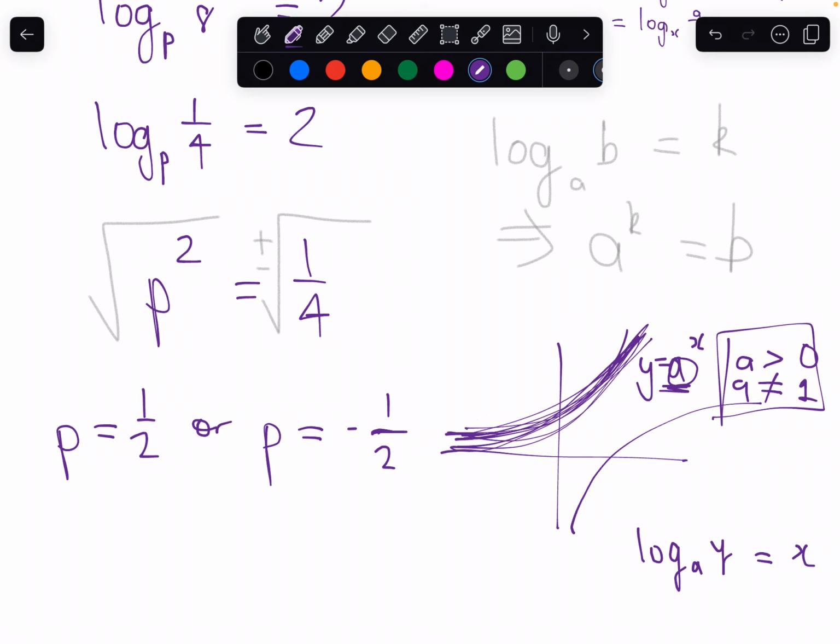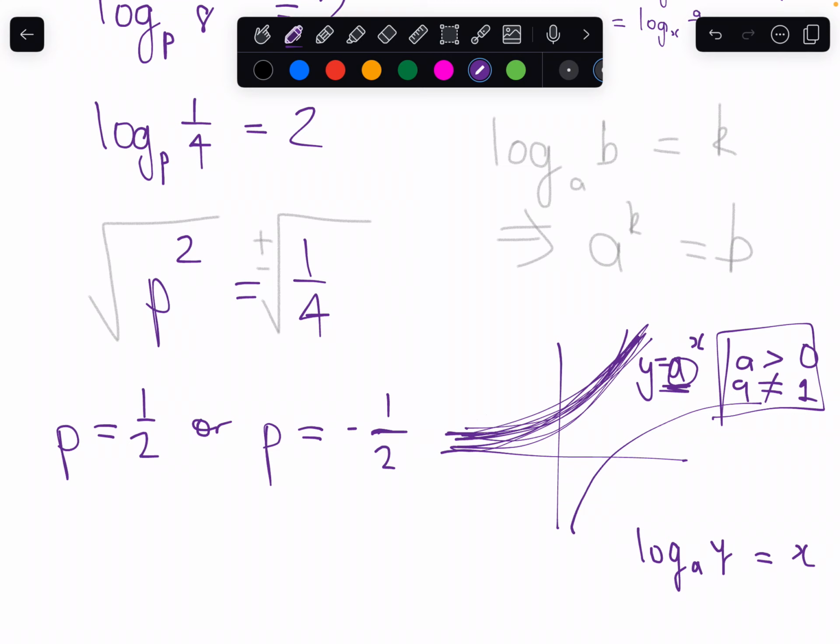Negative 4 to the power of a half, you can't take a real square root of negative 4. So I get that. So it's not that it's not valid, it's just that we only consider logarithms with positive bases because they just work out nicely.